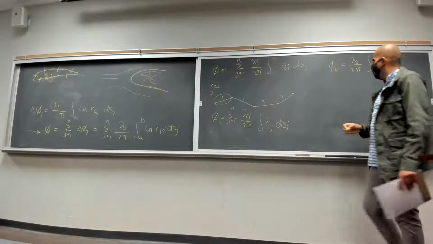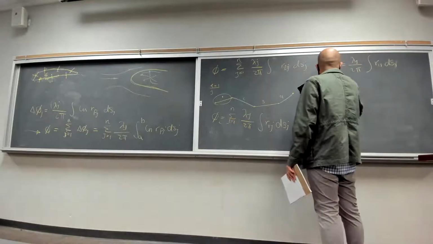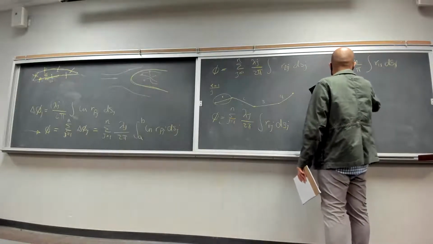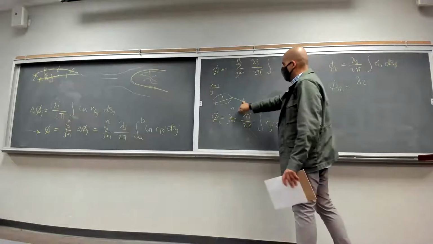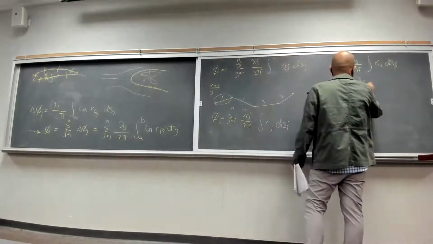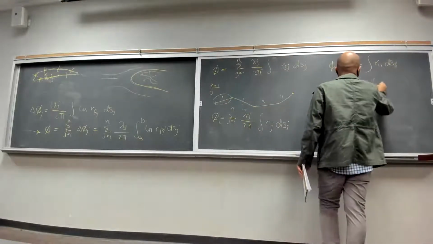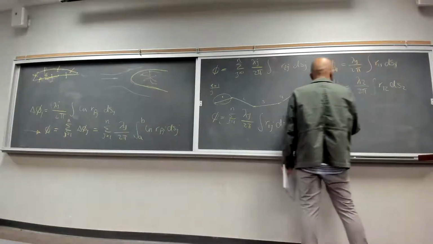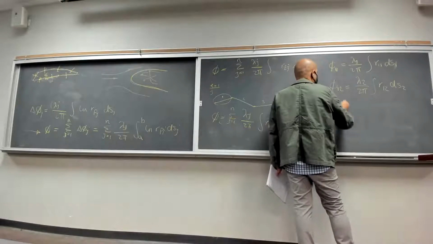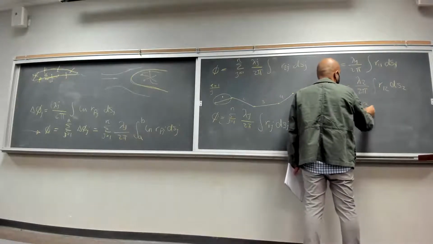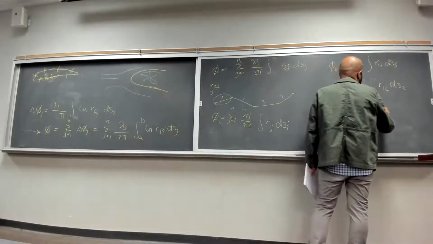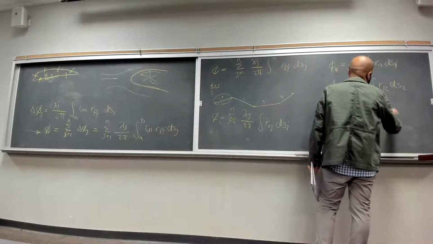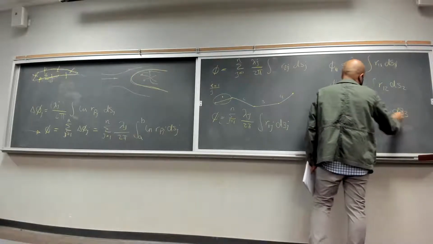Then phi induced by 2 on 1 is going to be lambda 2, induced on this one, over 2 pi, integral of r12 ds2. Phi induced by 3 on 1, lambda 3 over 2 pi, integral of r13 ds3.